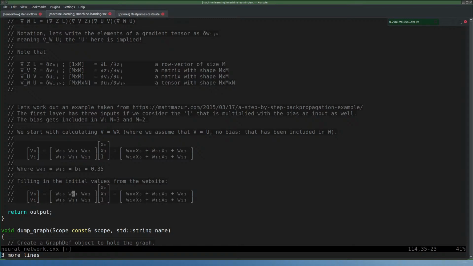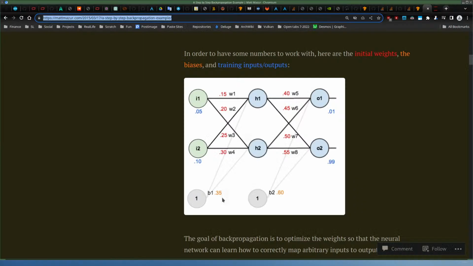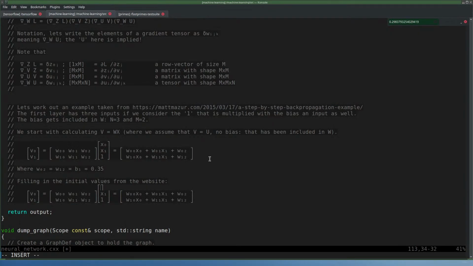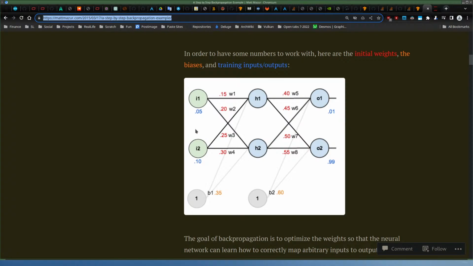Right, so x0 is 0.05 and x1 is 0.10 and this is just 1. And then the W0 is 0.15, right?